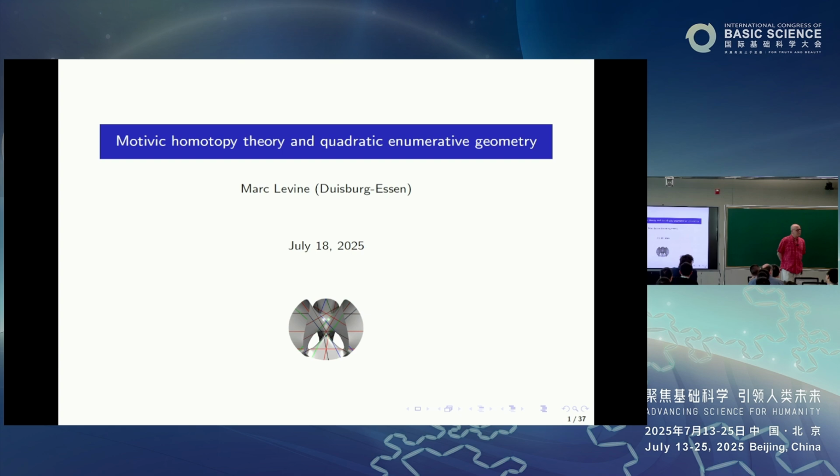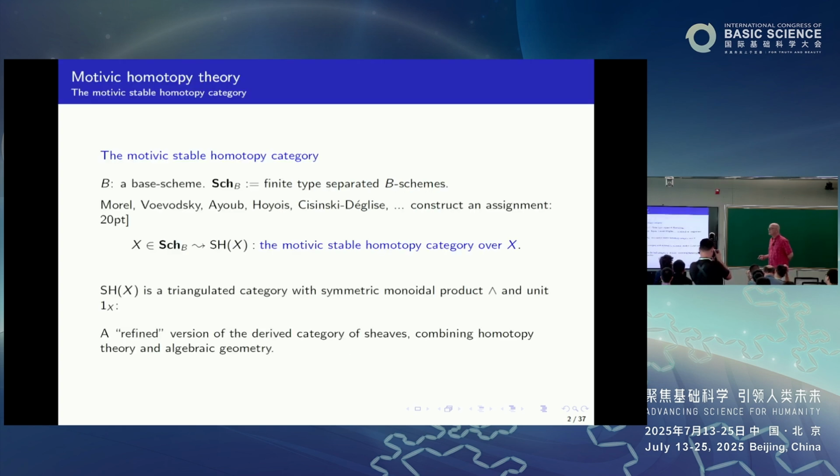If you're over a field with an order, for example the reals, the associated signature is supposed to tell you something about what happens over the real embedding corresponding to that order. And then there's additional arithmetic information in quadratic forms: discriminant, Hasse-Witt invariant, other invariants. The more complicated the field is, the more such invariants you have. And those are supposed to tell you something which is at present rather a mystery. So maybe you'll be able to solve the mystery for us.